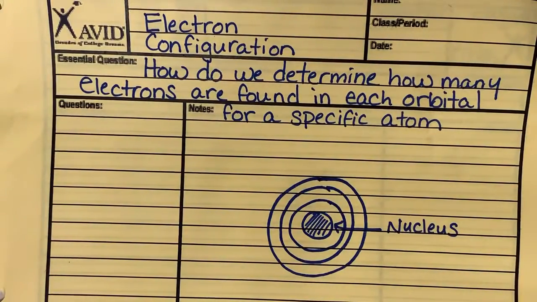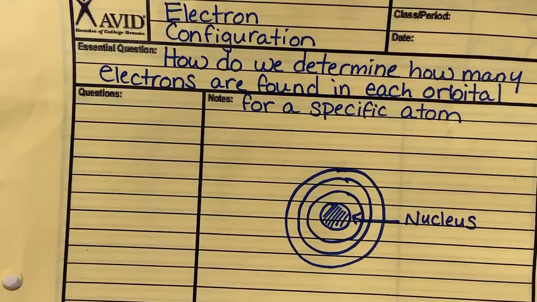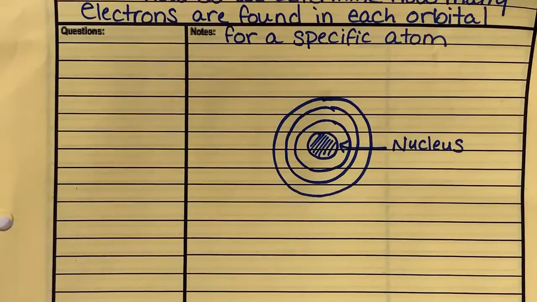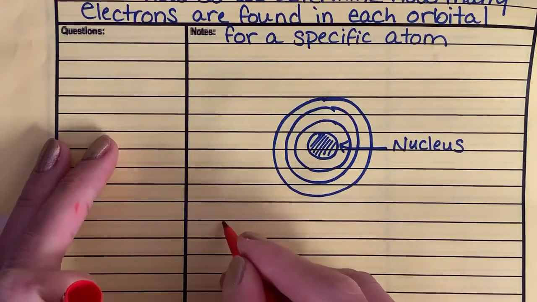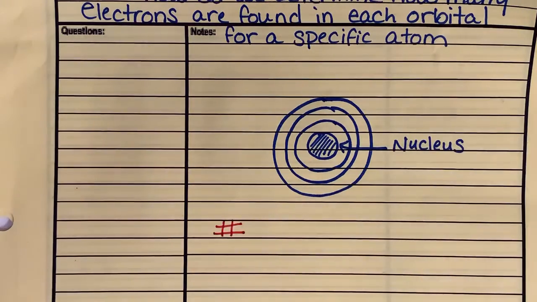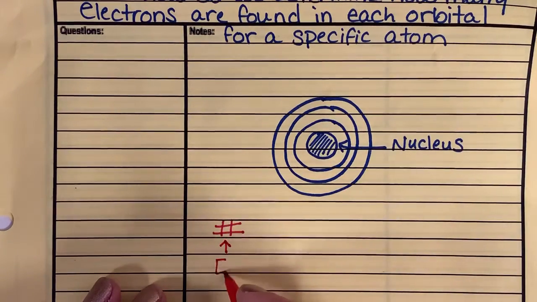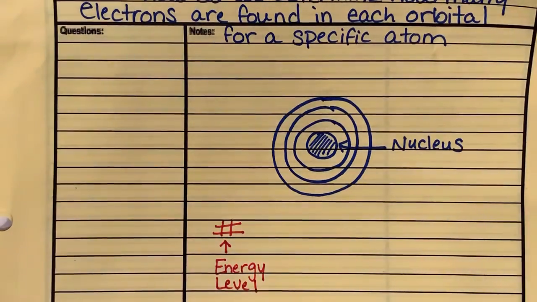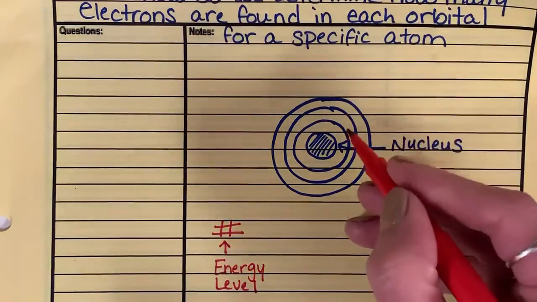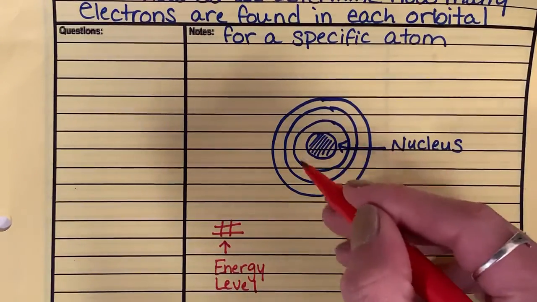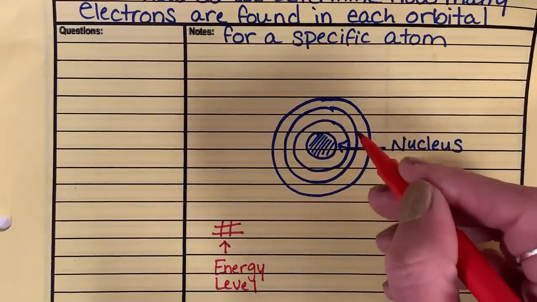Now, when we write an electron configuration, for each orbital, that address is going to have 3 parts. The first thing it's going to have is a number, and that number represents an energy level. The orbital that is closest to the nucleus has the lowest energy.